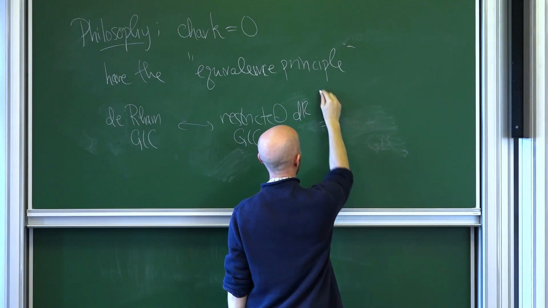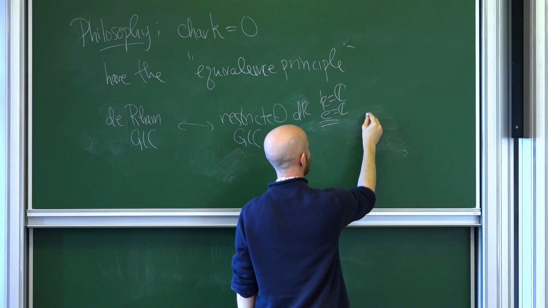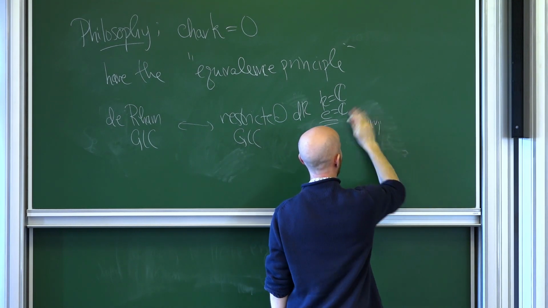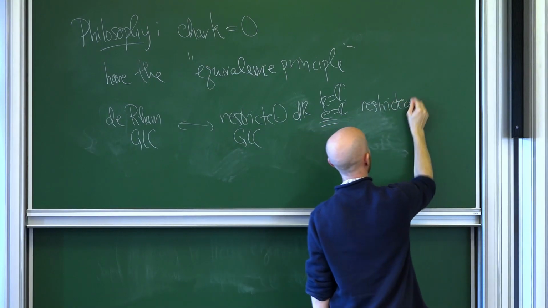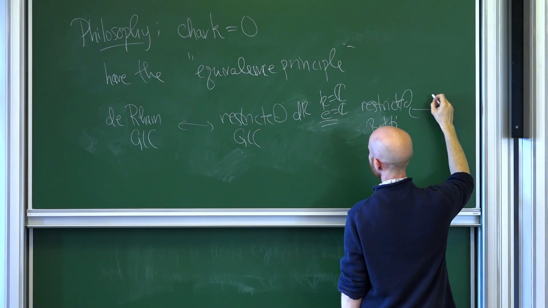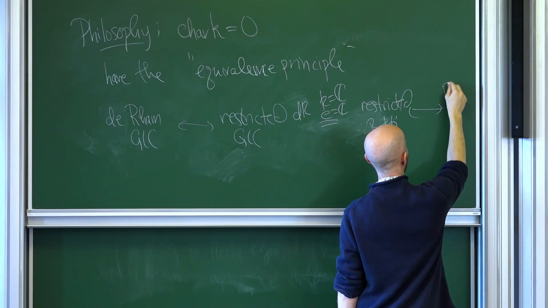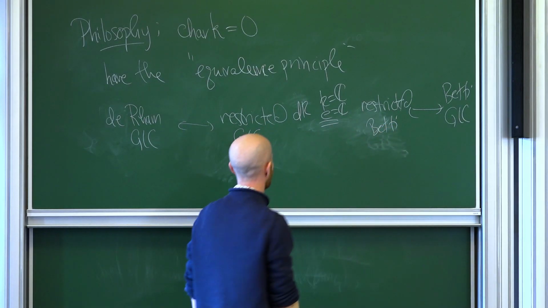this is somehow equal, in the special case when k is equal to C, and my coefficient field is also equal to C, to this restricted Betti conjecture, which is then equivalent to this big Betti geometric Langlands conjecture.